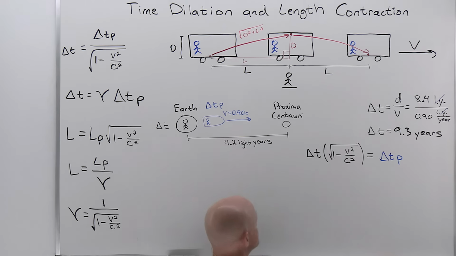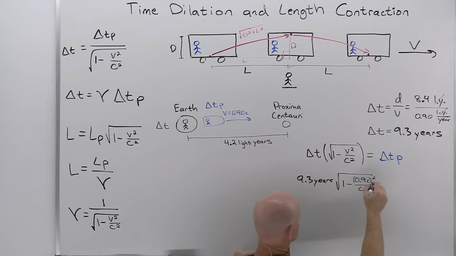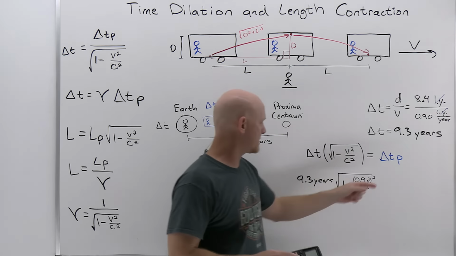All right, let's do some plugging and chugging here. Here we've got delta t was 9.3 years times the square root of 1 minus 0.9c squared over c squared. Well, 0.9 gets squared and the c gets squared and the c's cancel, so you're going to end up with 1 minus 0.9 squared, and then we'll take the square root.